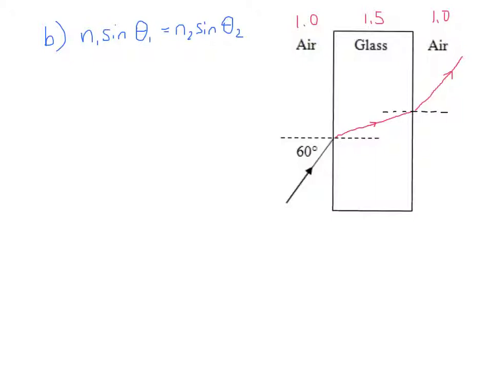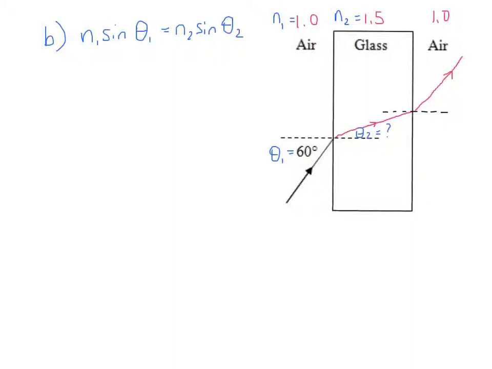N1 is the index of refraction where the beam originates, which is in this case in the air, so that's N1, which is 1.0. The N2 is where the beam ends up, is 1.5, and the incident angle, the theta 1, is 60 degrees, and we're trying to solve for theta 2 right there.